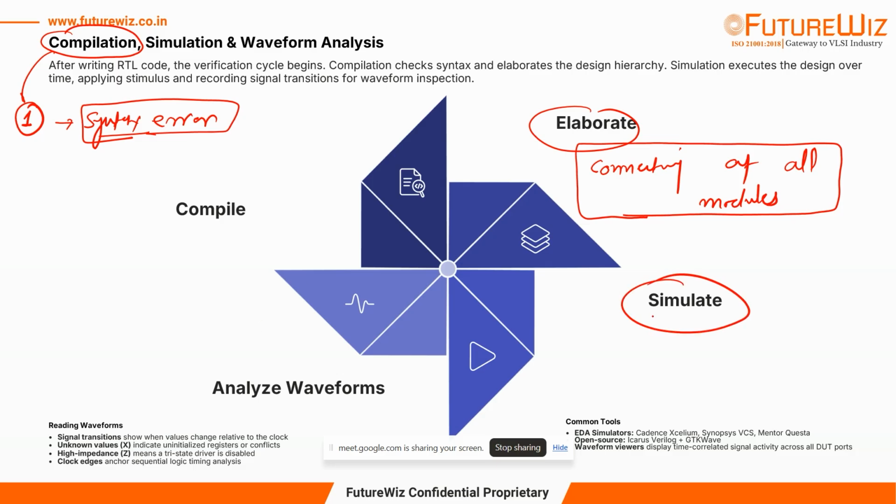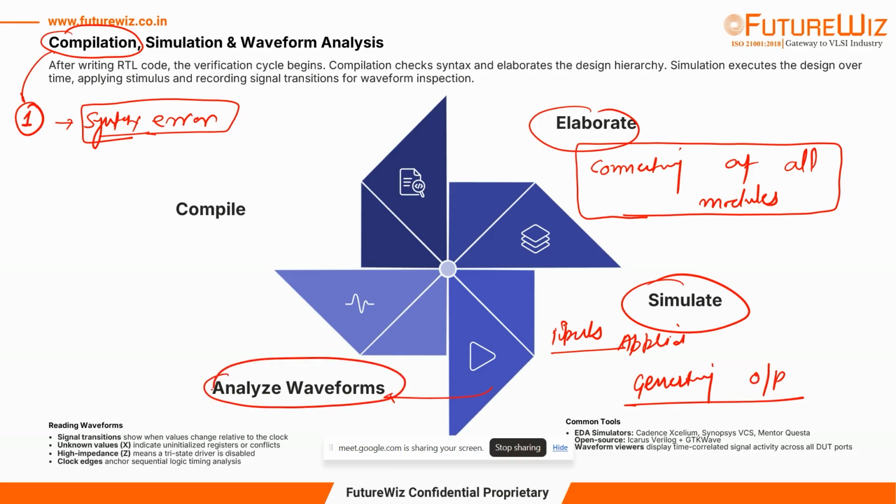Then it will go with the simulation, right? Here all the inputs are applied, and we are simply generating the outputs, right? That is known as the simulation, and then we are analyzing the waveform. Here we are capturing the inputs as well as outputs in terms of a waveform, right?